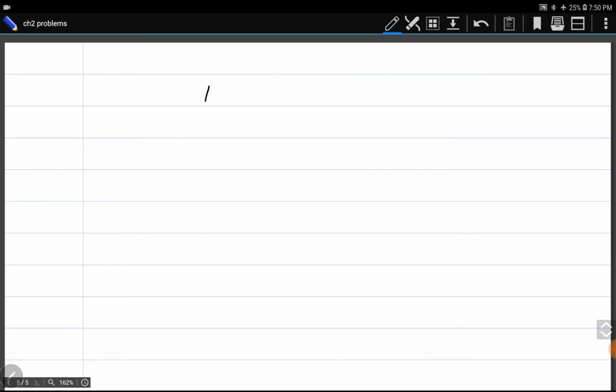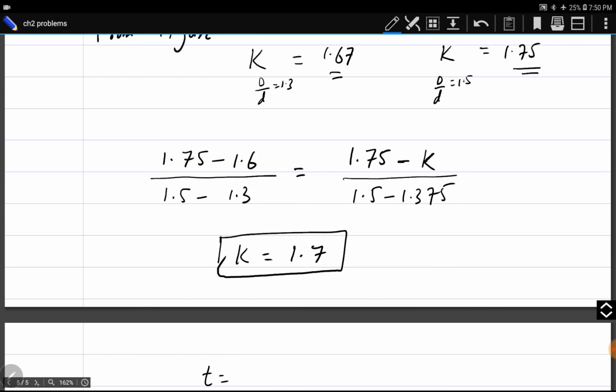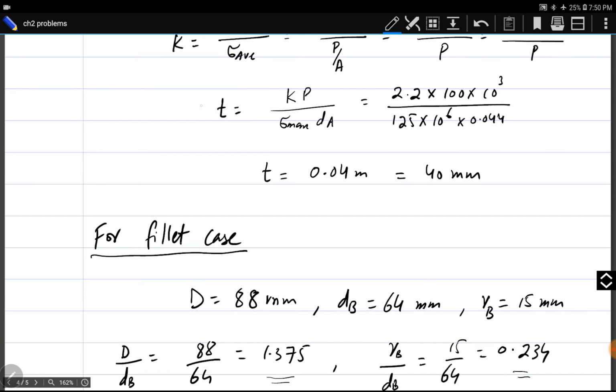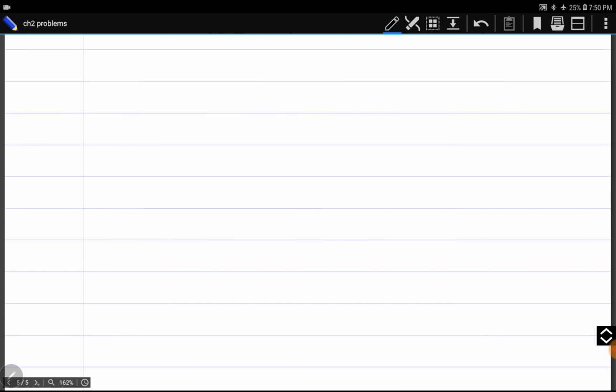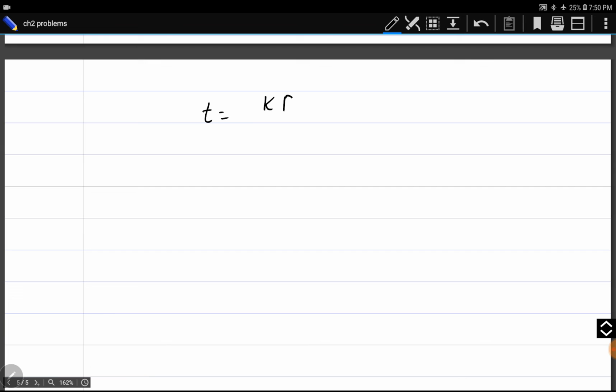we will use the equation of thickness. We have derived it previously, this expression: Kp divided by dB sigma maximum.